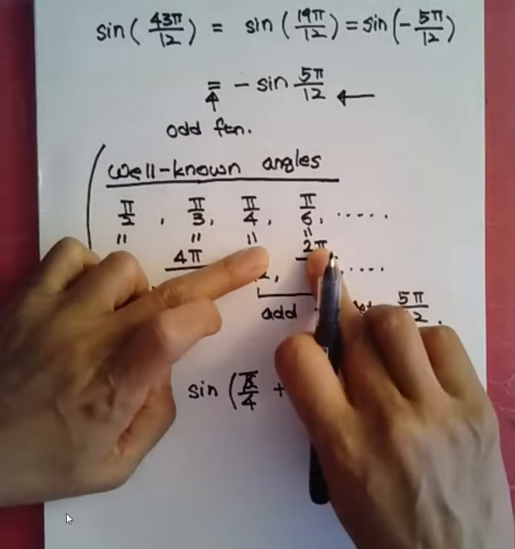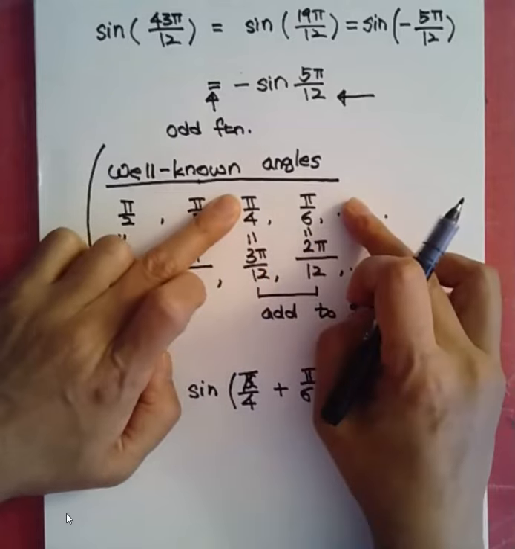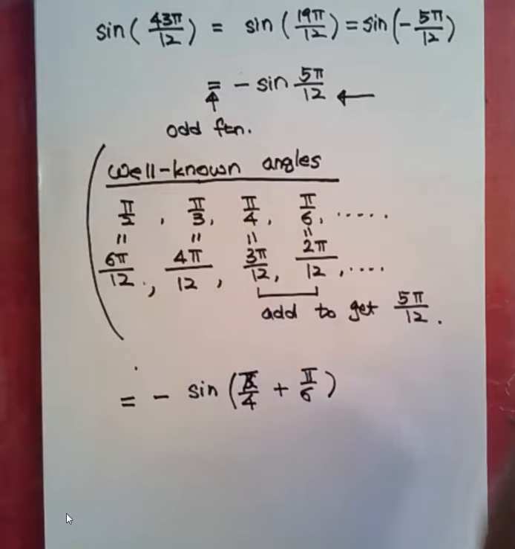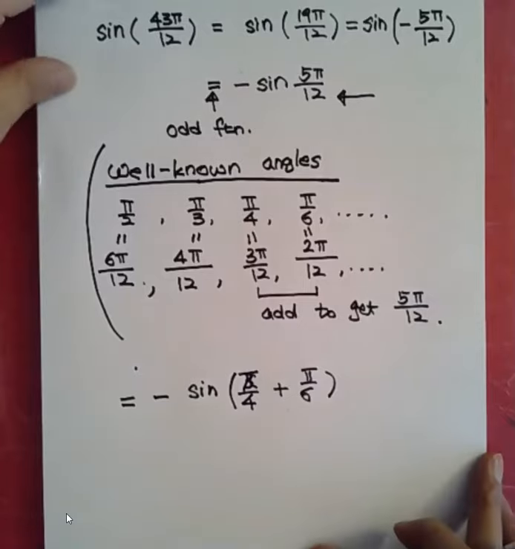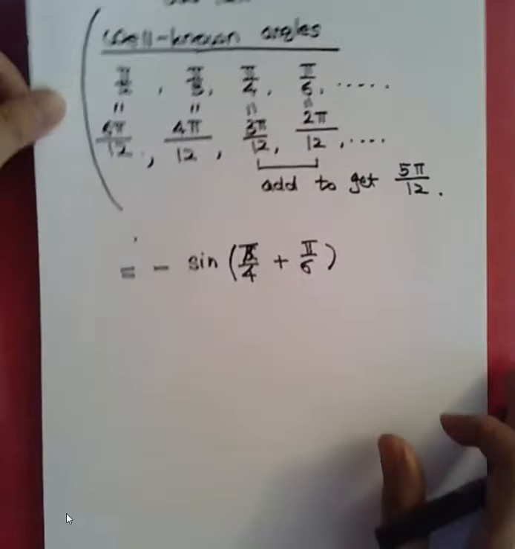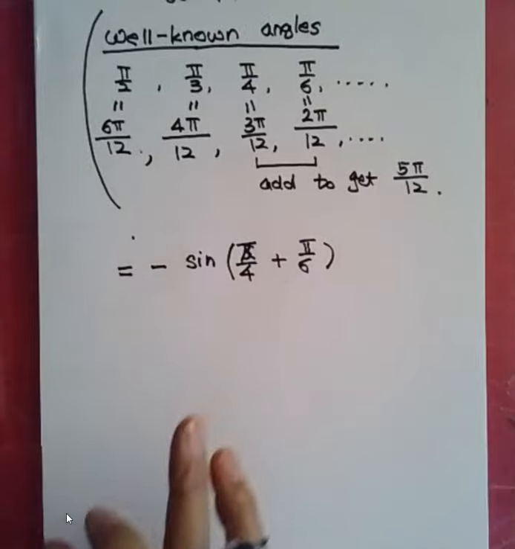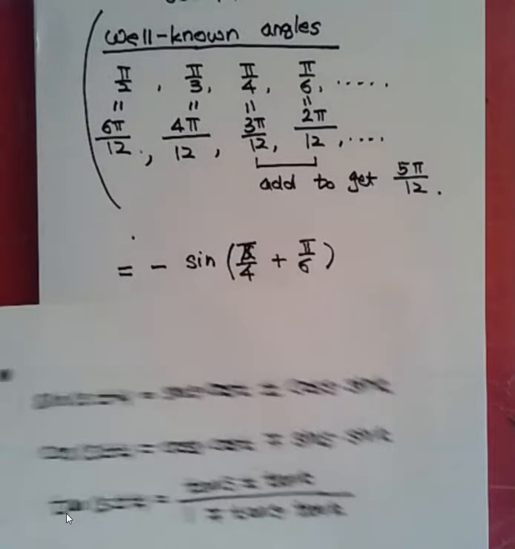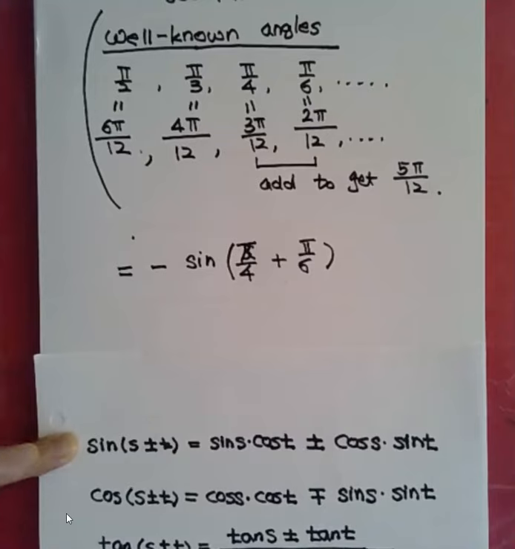We don't use the others anymore because the well-known angles are pi over 4 and pi over 6. Once we figure out how to express the given angle with a sum or difference of the well-known angles, we can just apply the sum or difference formula. Here is the sum formula for sine.